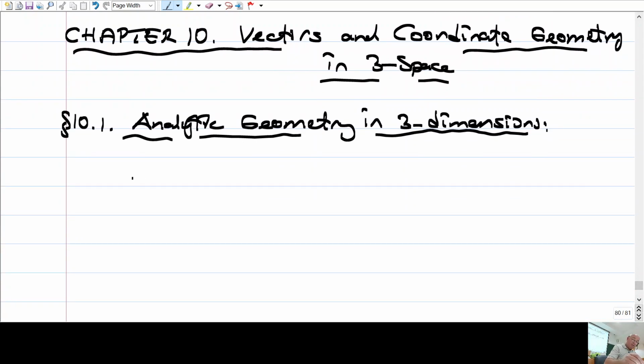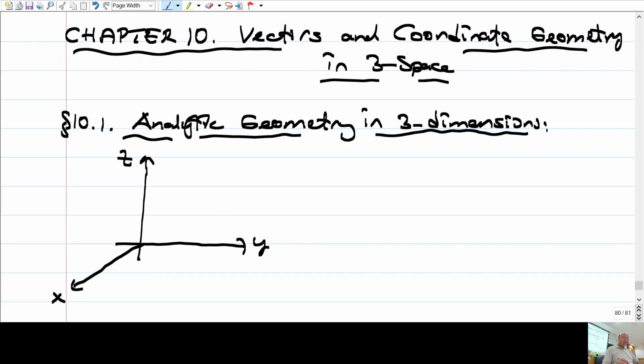Now let's see. In 3 dimensions, we represent the coordinate system like this, a right-handed coordinate system x, y, z. So what does this mean?